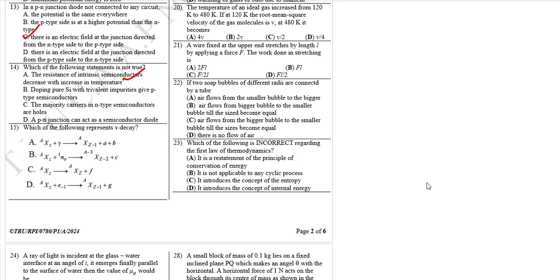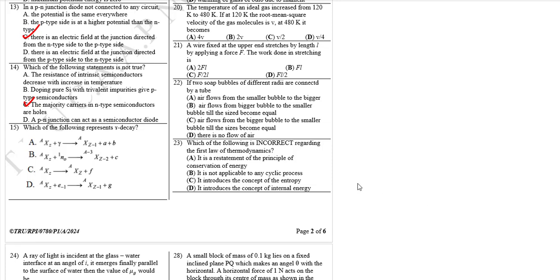B, doping pure silicon with trivalent impurities gives p-type. Correct. C, the majority charge carriers in n-type semiconductors are holes. Wrong. The majority carriers are electrons. D, the PN junction can act as a semiconductor diode. True. So the correct option here will be C, which is wrong. The majority charge carriers in the n-type are electrons, not holes.